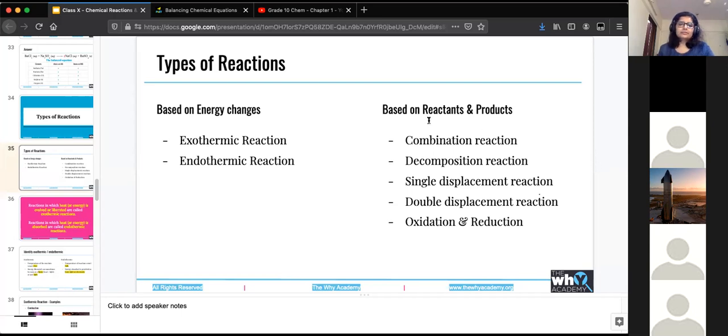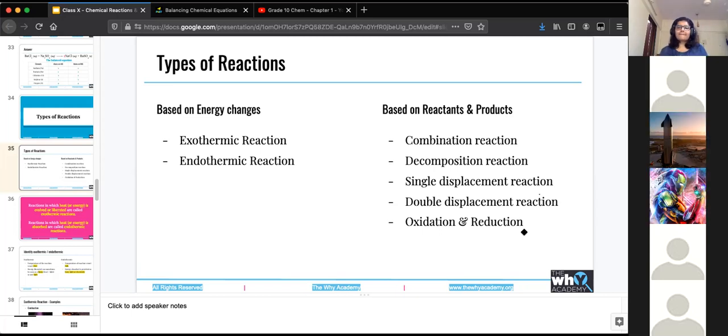All right. So types of reactions: you have combination, decomposition, single displacement, double displacement. We'll figure out what happens in each of these cases. I've put oxidation and reduction under this category, but oxidation reduction is a category of its own. Ma'am, isn't it oxidation rancidity?